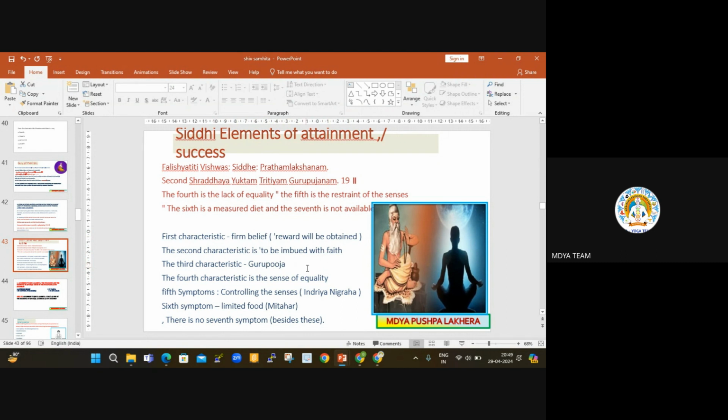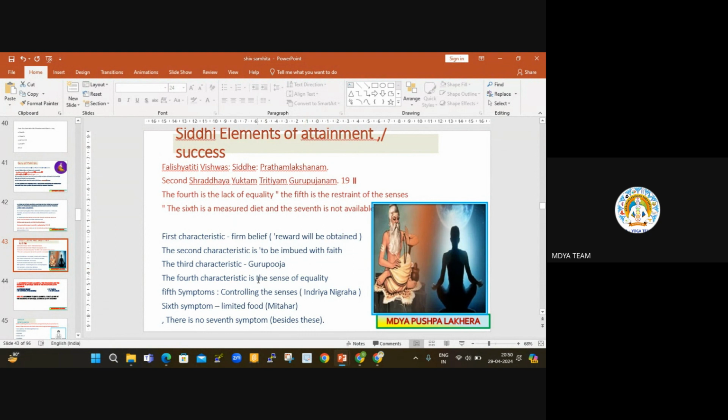Guru puja means not only taking the deepa and doing the worship of the guru. Not like that. It is stated that you have to give proper respect towards your guru. As we mentioned in the previous slide, what you think and what you speak should be followed in action for your guru.